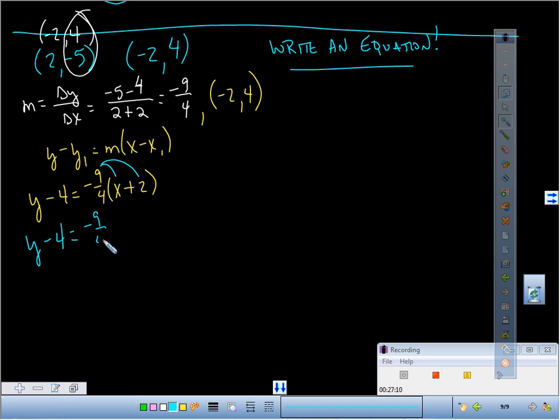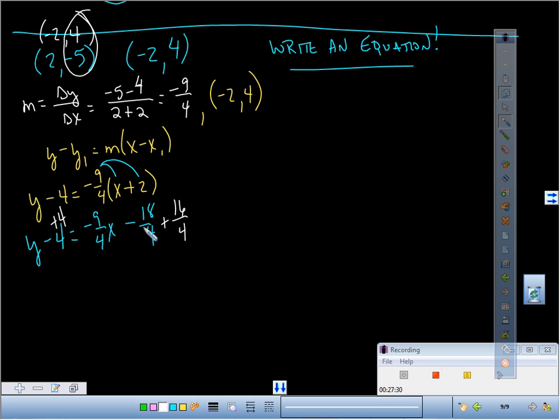Negative 9 fourths x minus, negative times positive is negative. This is over 1, so it's going to be 18 fourths. So I'm going to have to add 4 to both sides. I'm going to add 4 over here, but over here, I'm going to add 16 fourths.